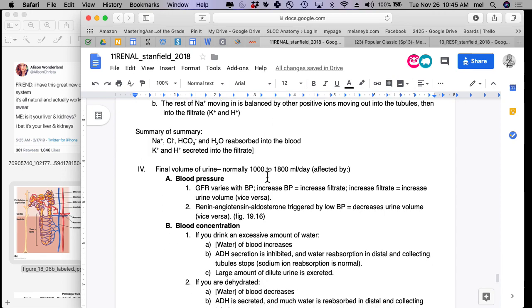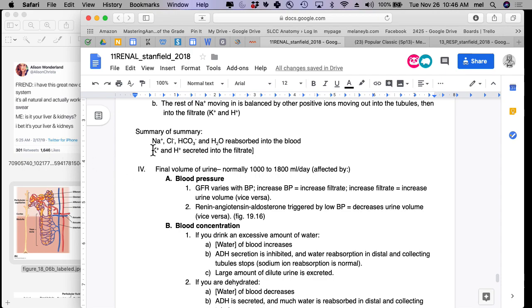So the summary of the summary is, at the distal convoluted tubule, when ADH and aldosterone are present, sodium, chloride, bicarbonate, and water are reabsorbed, and potassium and H plus are secreted. Does that make sense? Chloride and bicarbonate are just following the positives in, and water, because of ADH, is reabsorbed.